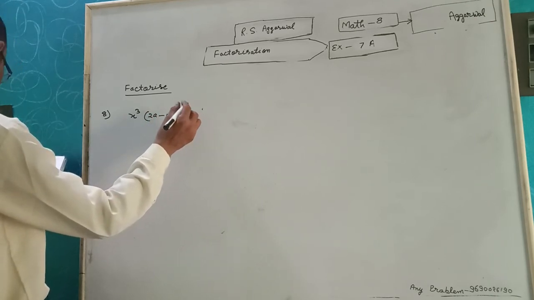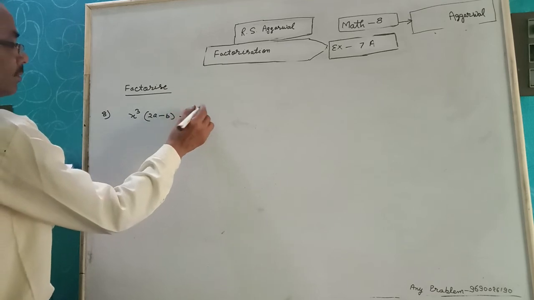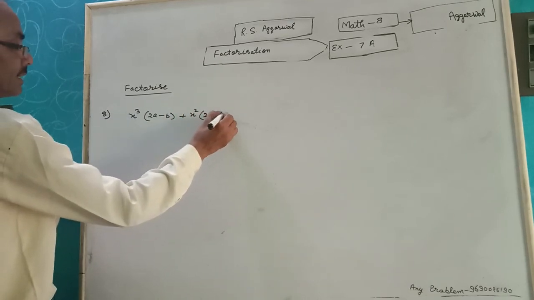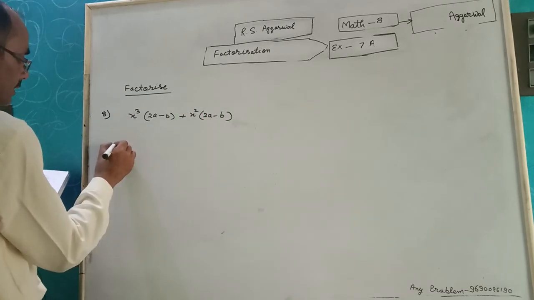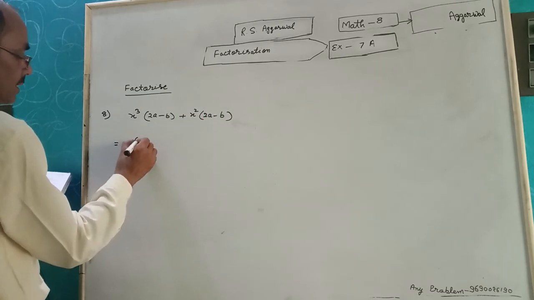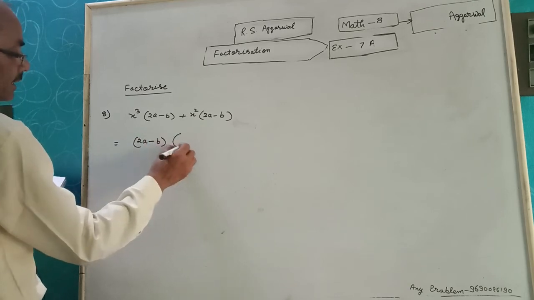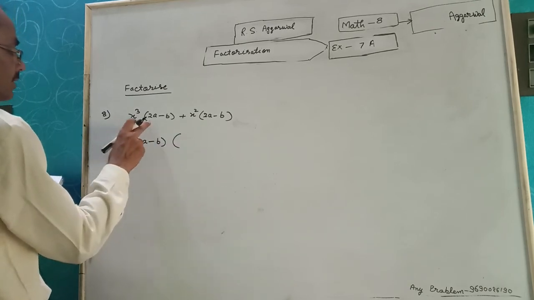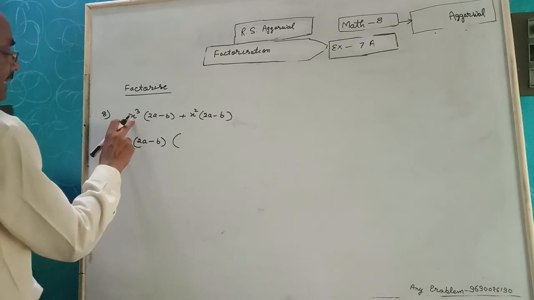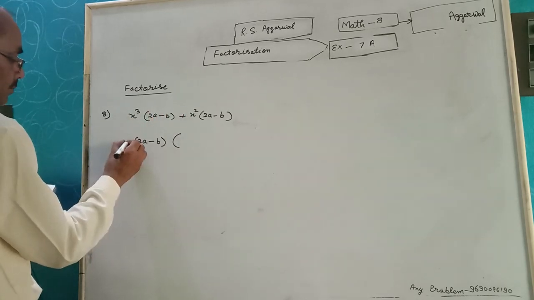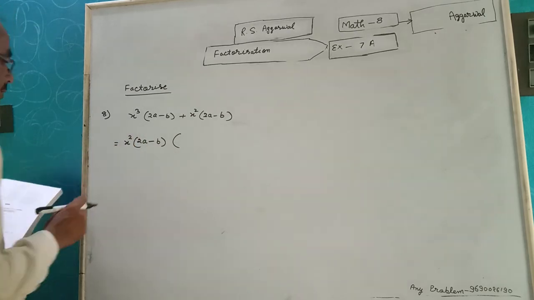Bracket 2a minus b is common, and outside the bracket x cube and x square, smaller is x square.